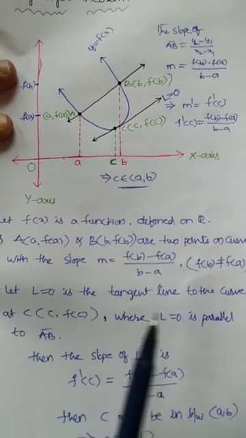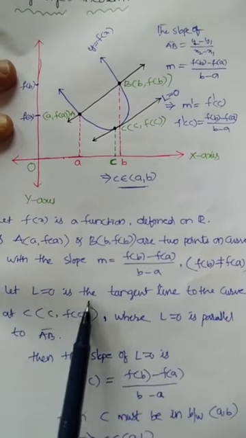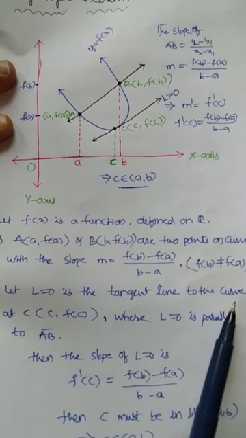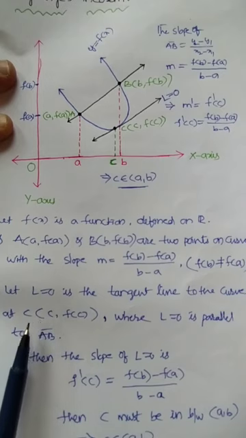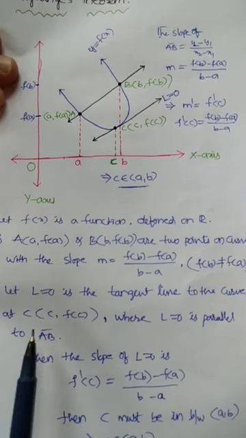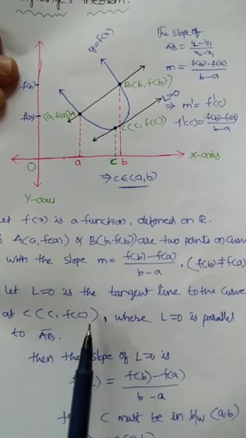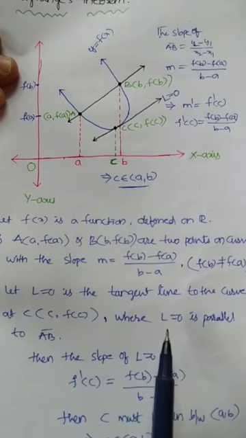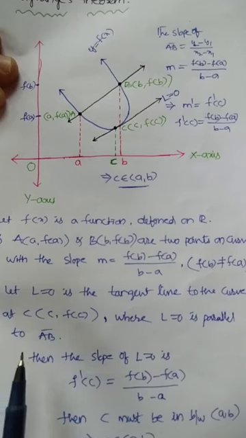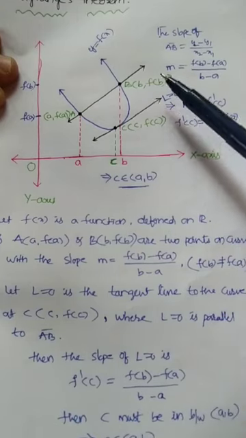Now let L = 0 be a tangent line to the given curve at the point C of C comma f of C on the curve, where the tangent line L = 0 is parallel to AB bar. The tangent line must be parallel to this AB bar.